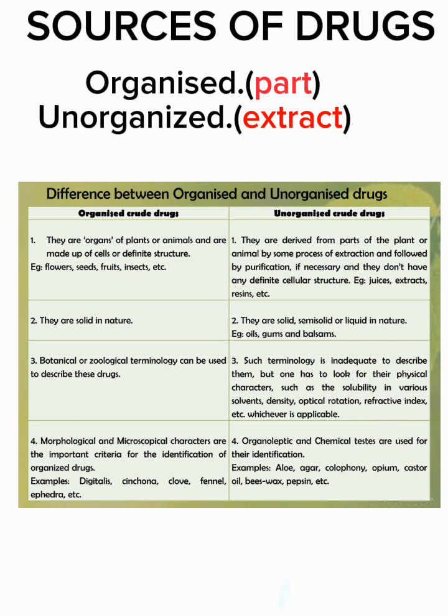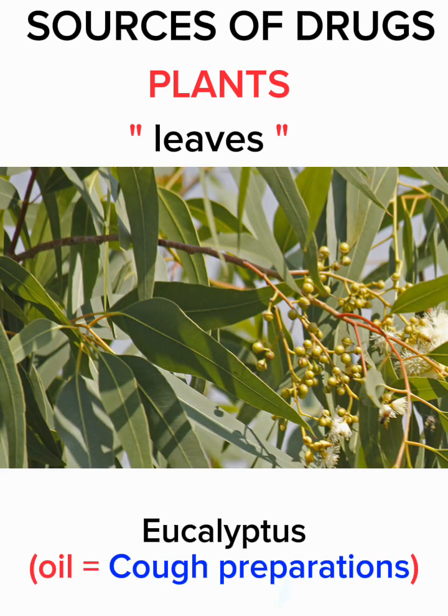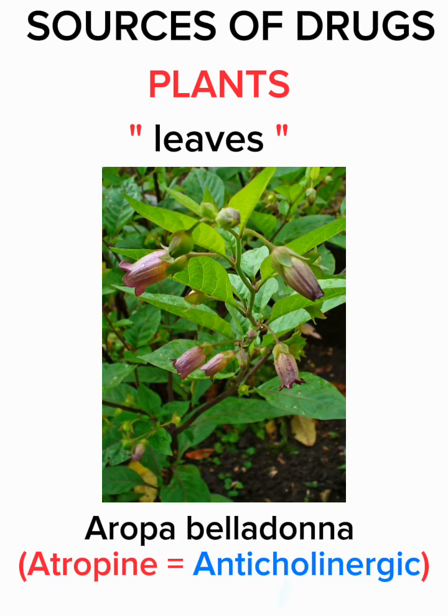So let's talk about plants. When we talk about plants as a source, I can give examples based on the parts where we extract the particular drug. For example, leaves. I could start with eucalyptus. From eucalyptus you extract the oil, eucalyptus oil, and it's used in cough preparations. And then we have Atropa belladonna.